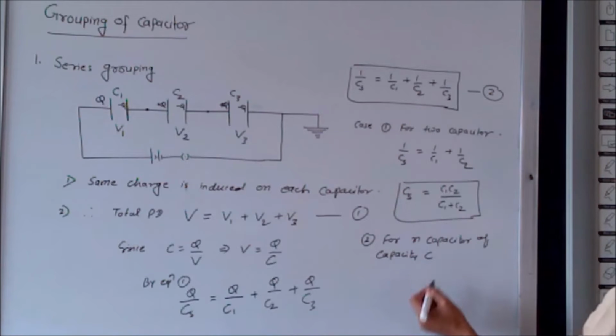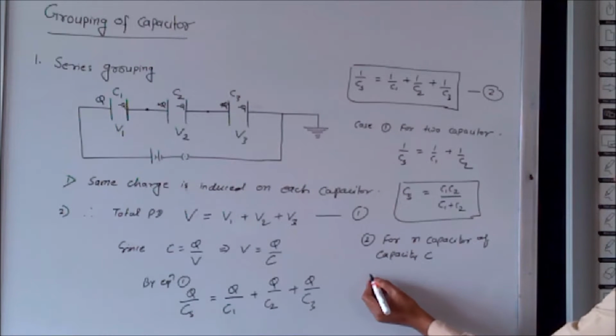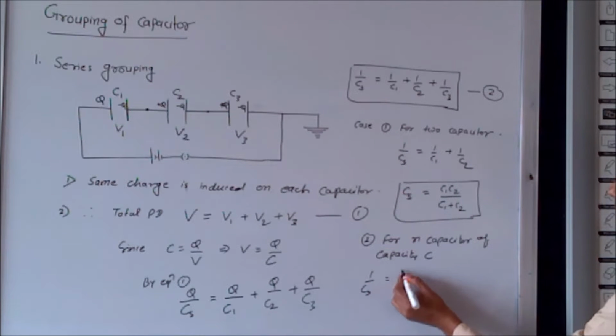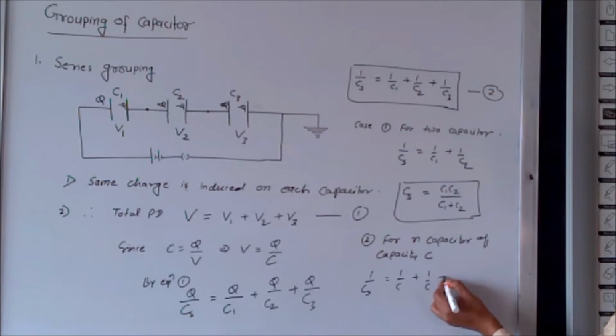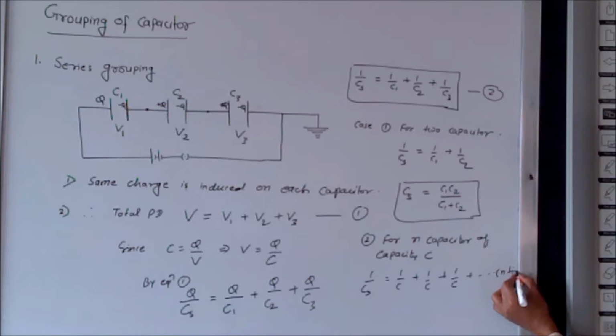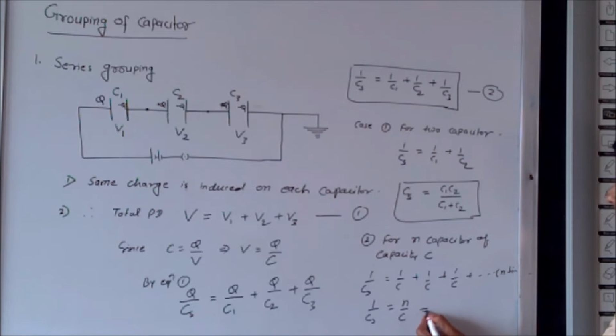By using equation 2, 1 by Cs equal to 1 by C plus 1 by C plus 1 by C up to n times. That means it will be n by C. The value of 1 by Cs equal to n by C. Therefore, Cs equal to C by n. It is the formula for the same capacity.